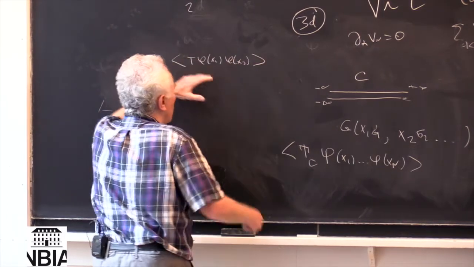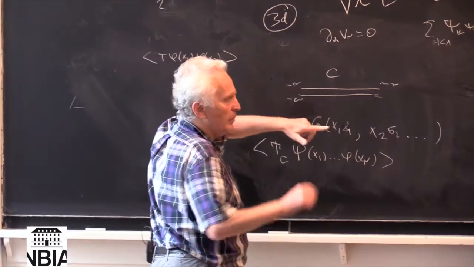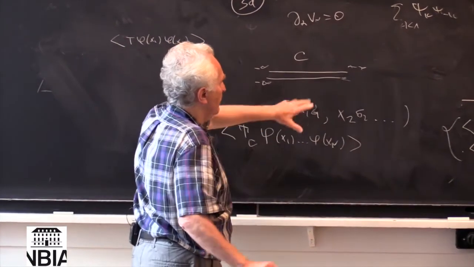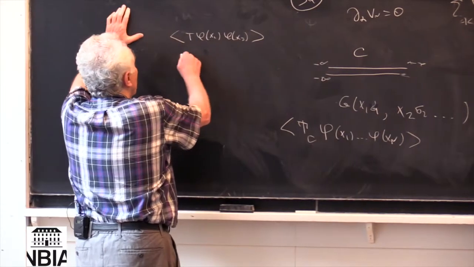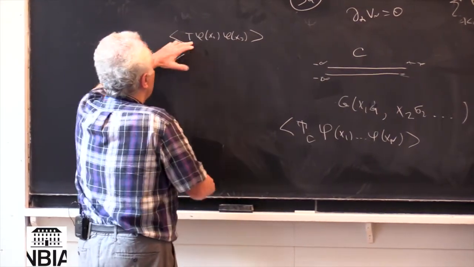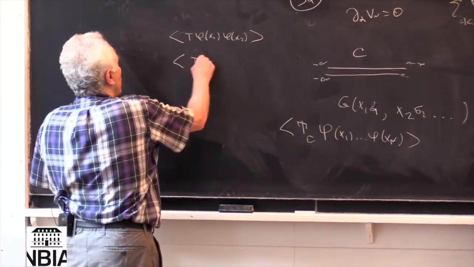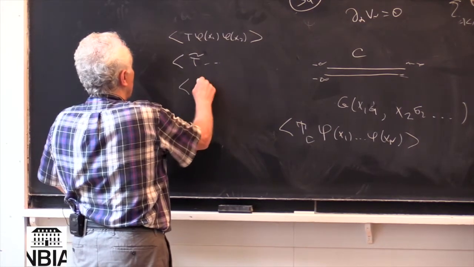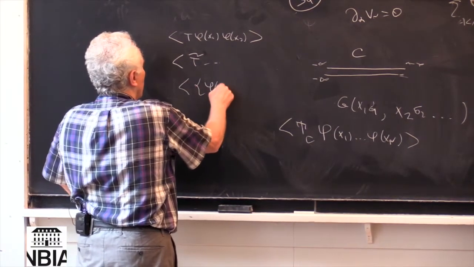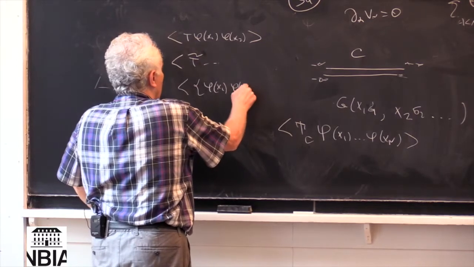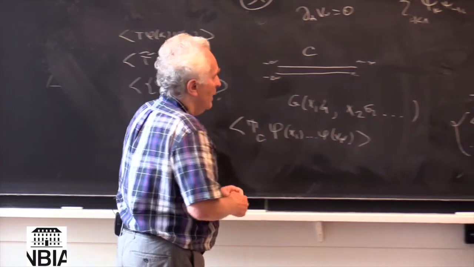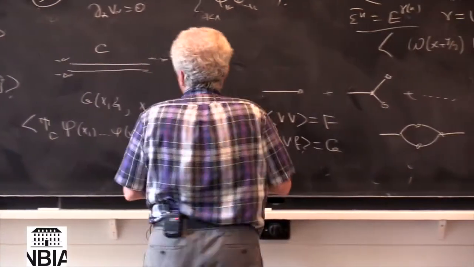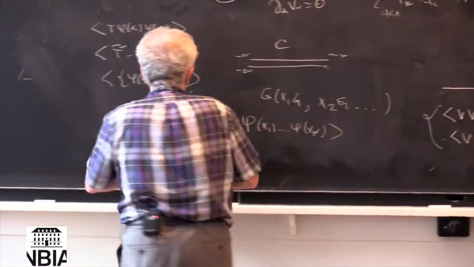I'm sure you know all I'm saying, but if you have patience, in a minute there will be something not completely trivial. Now there is the anti-T product, and there is also the anti-commutator, the fluctuator.